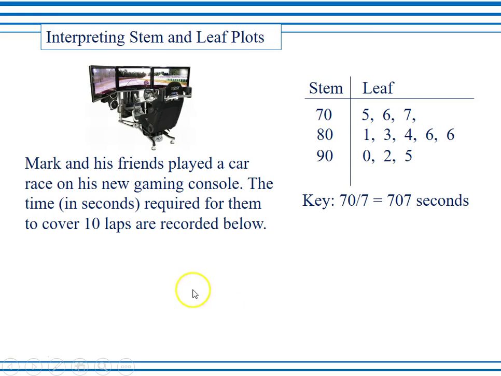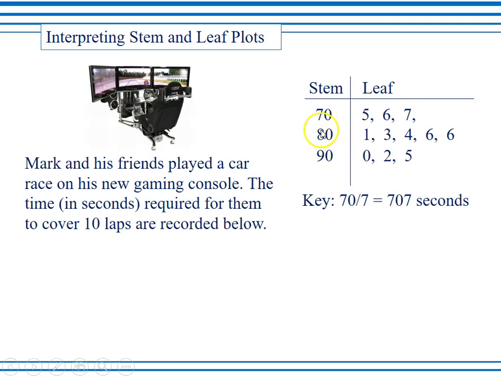Okay, now we're going to interpret a stem and leaf plot. It says Mark and his friends played a car race on his new gaming console. The time in seconds required for them to cover the 10 laps was recorded. So this took, let's look at our key, 70|7 means 707 seconds for the 10 laps.